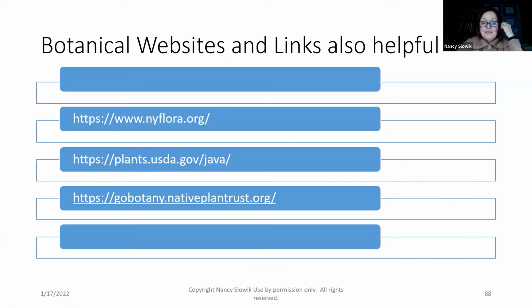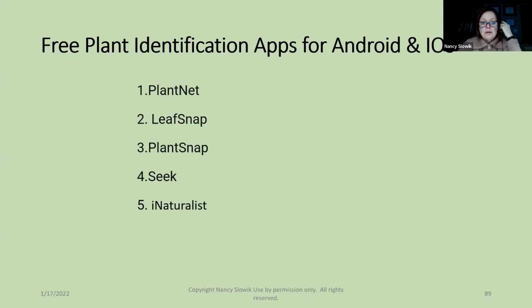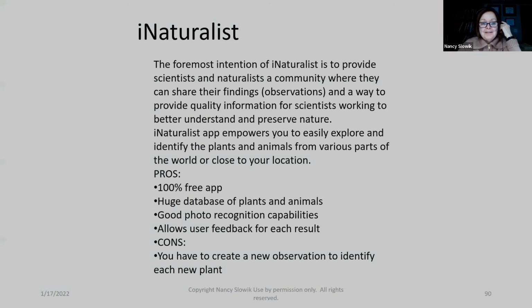A few websites that I use, I largely rely on the New York Flora website. I often use the USDA, but they seem to be not as up to date as the others. And certainly Go Botany is a really good link. And I know you all use apps and of course the iNaturalist that you use to document what you're finding in the woods.